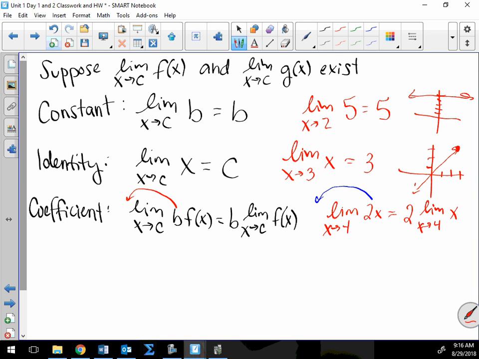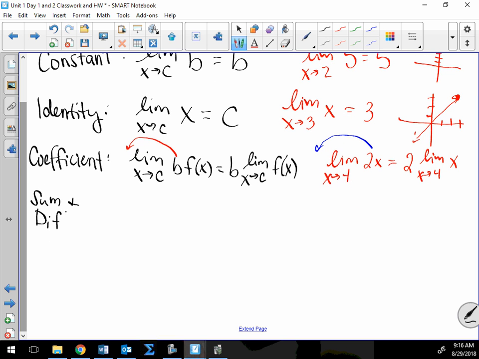Next up, we have our sum and difference. Pretty much, if we have a limit of two functions being added or subtracted, we can break up the limit over those functions. So the limit as x approaches c of f of x plus g of x.